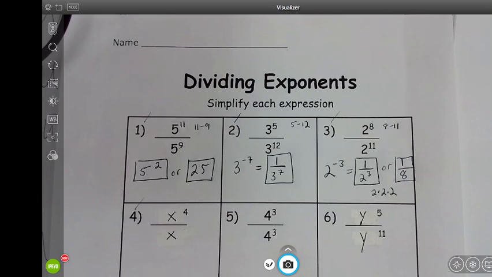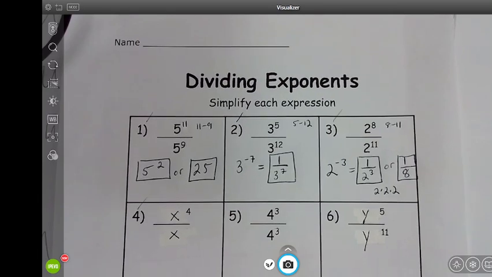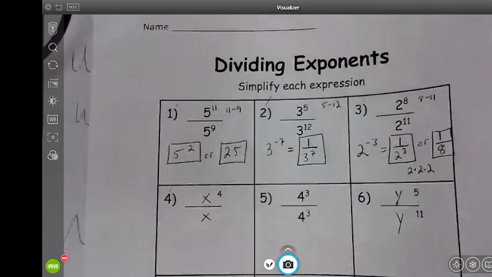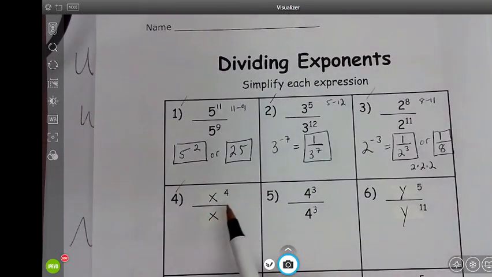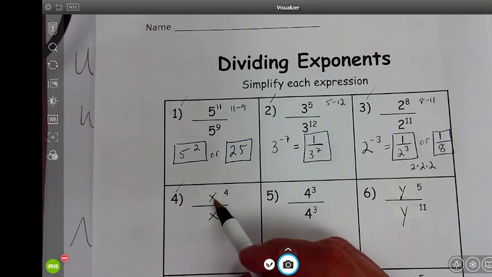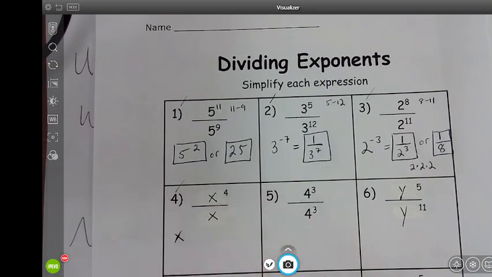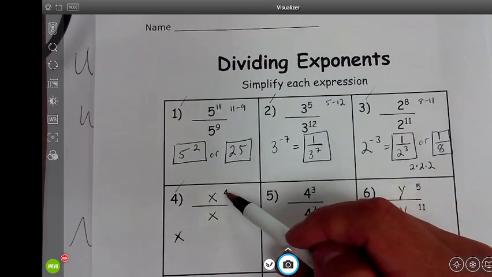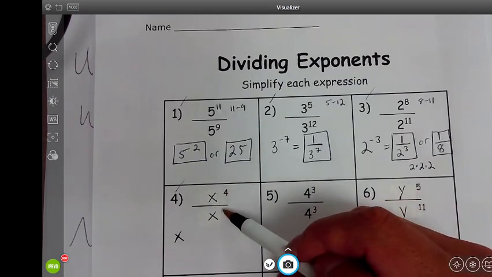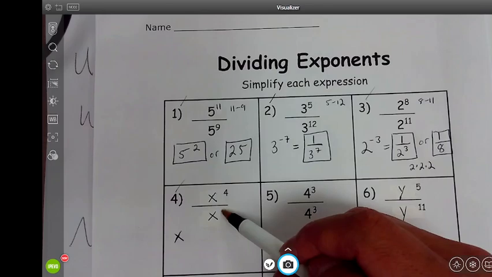Okay. Let's do 2 more. Let's look at number 4. Alright. Dividing. Base is the same. It's going to be x. Okay. Now I want to subtract the exponents. 4 minus, there's no exponent on this bottom x. That means the exponent there is 1.